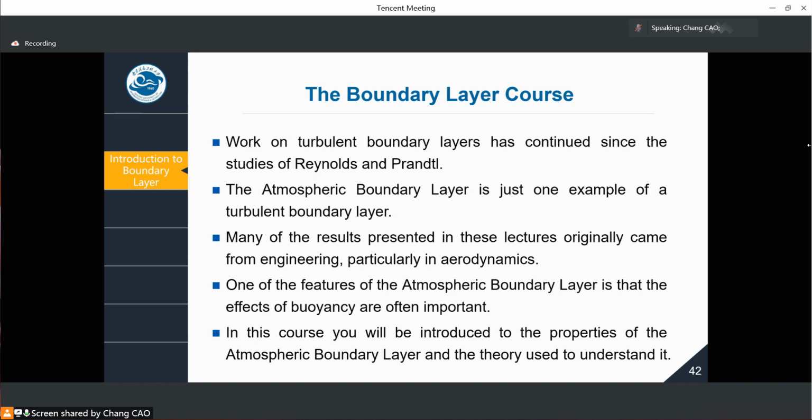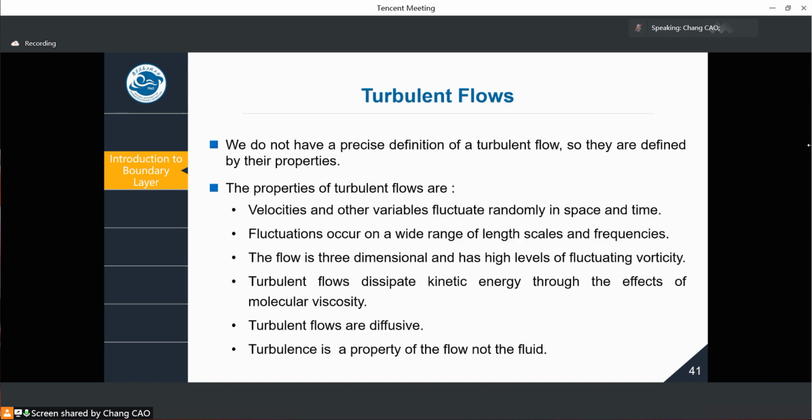So that's the whole of chapter 1. Chapter 1 is like an introduction, and in this introduction there are still very important points. For today's class, you should know the characteristics of turbulent flows, so you should pay much more attention to this slide.